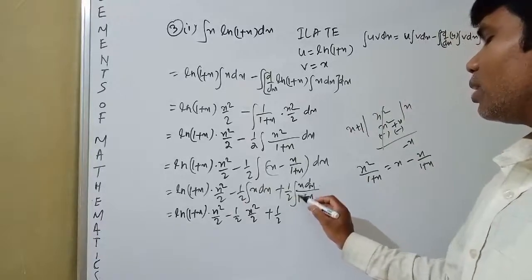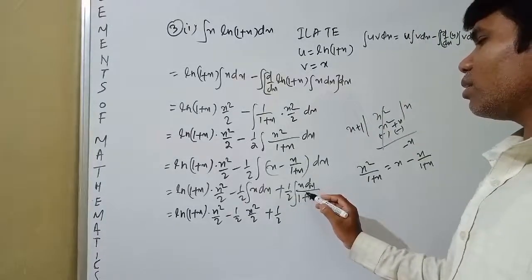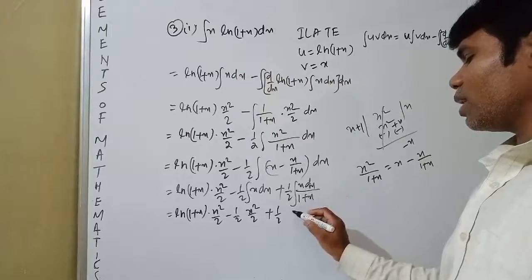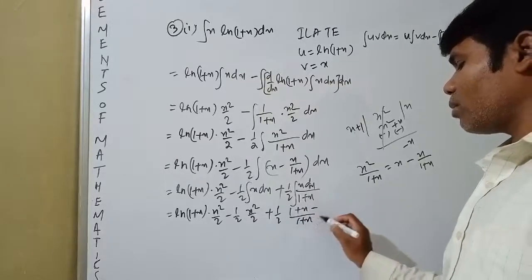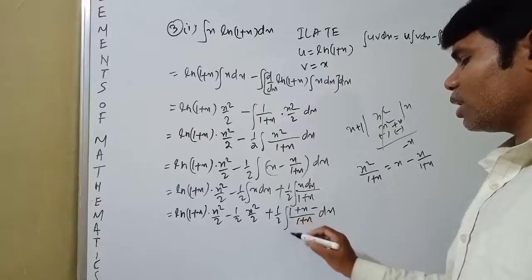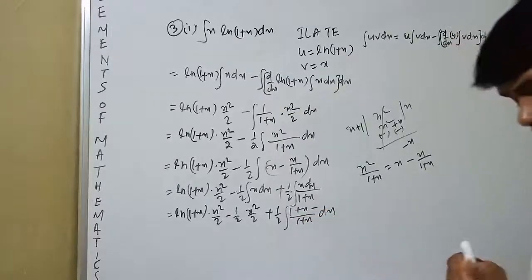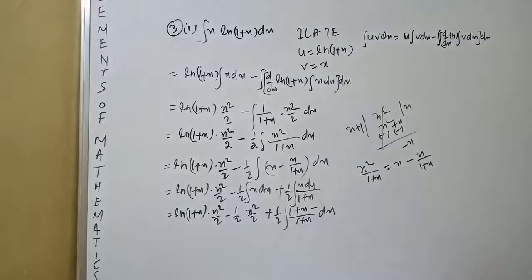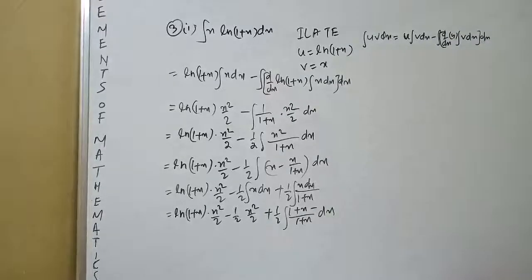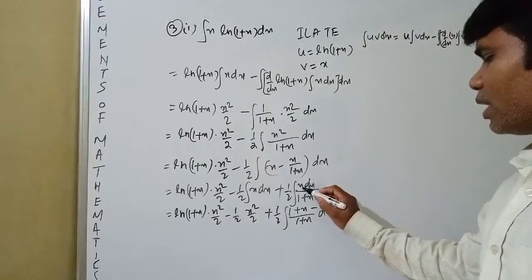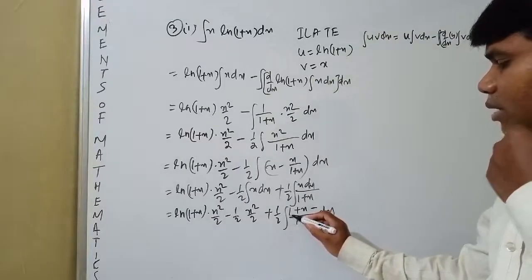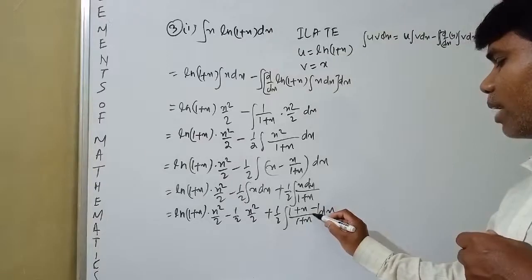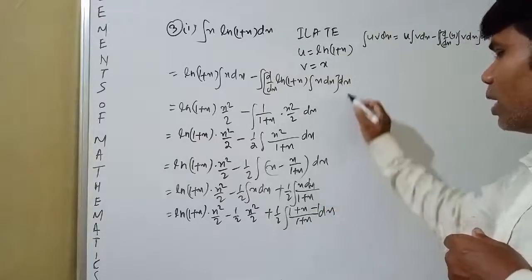Here in x by (1 plus x) dx, I can write (1 plus x) minus 1 over (1 plus x). Here x is given, so I can write plus 1 and minus 1 so that it is balanced.